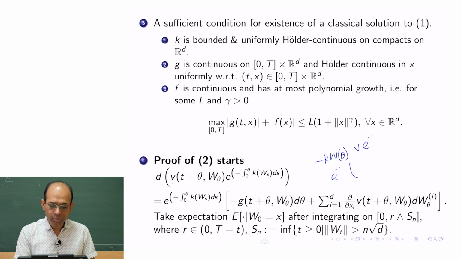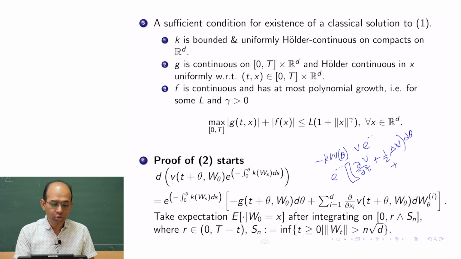So Ito's formula looks like this: there would be one del v del t term, and there would be the half Laplacian of v term, and that would be multiplied with d theta.